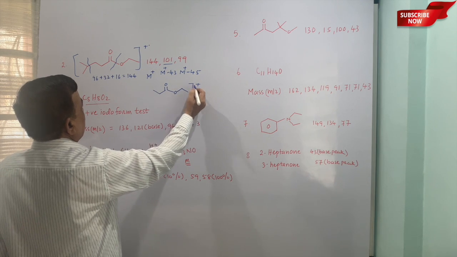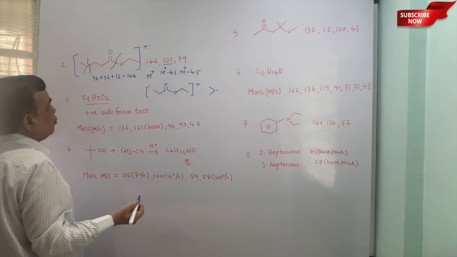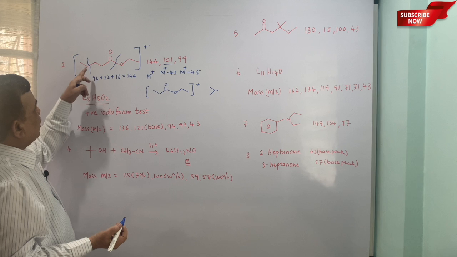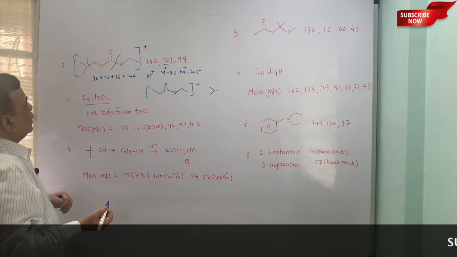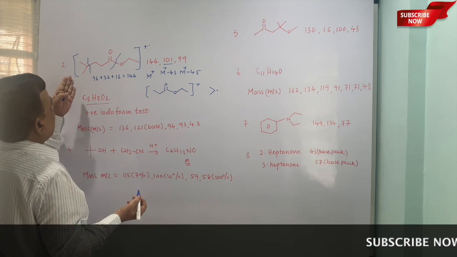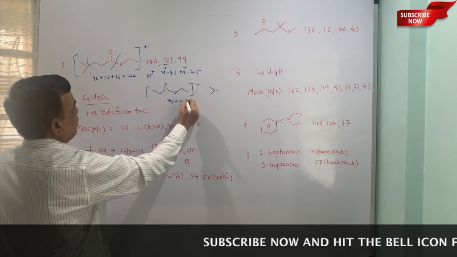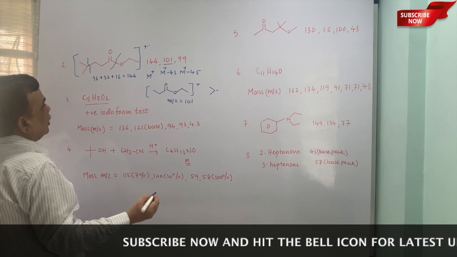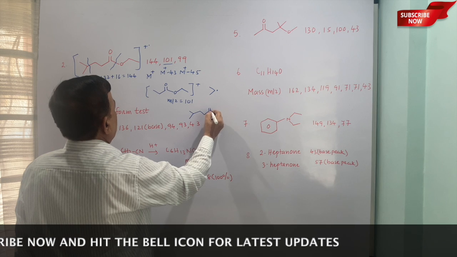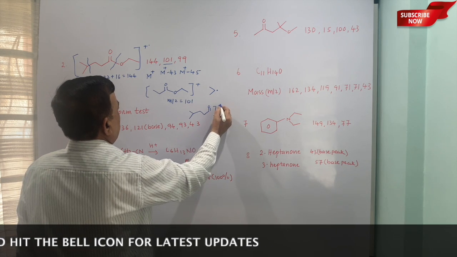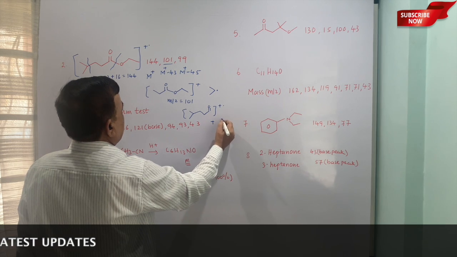This is the cation, and of course the radical will go out. So this dissection or breaking of this bond homolytically can give you this fragment, M by Z is equal to 101, and alternatively you can have radical cation on this and OEt radical.